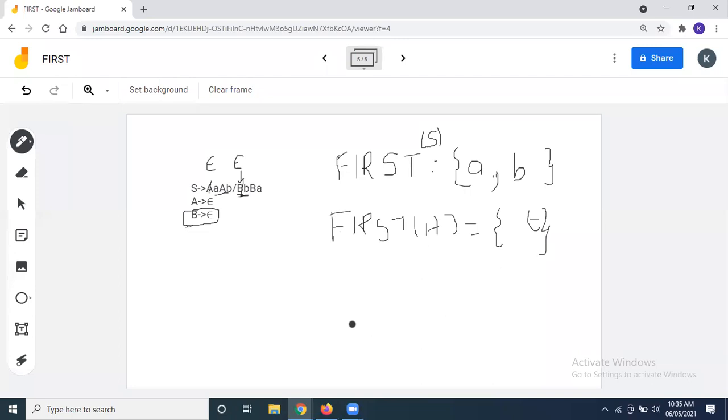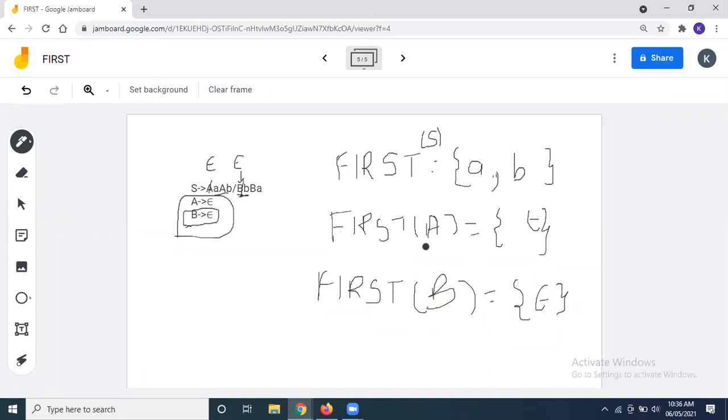Similarly, what is first of B? First of B is also epsilon. Is it clear? So this also you should remember, when to use it and when not to use it. Hope you have understood this.